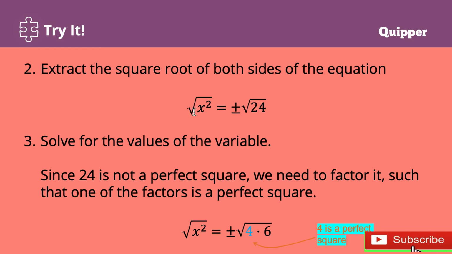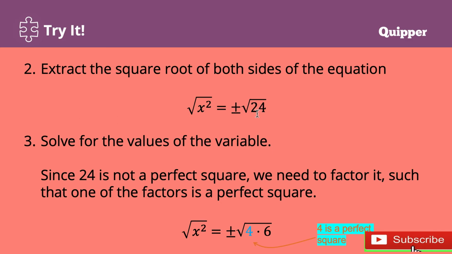So taking the square root of both sides, we have square root of x squared is equal to the positive and negative square root of 24. Since 24 here is not a perfect square, because it is not a product of a certain integer multiplied by itself, we need to factor it such that one of the factors should be a perfect square.